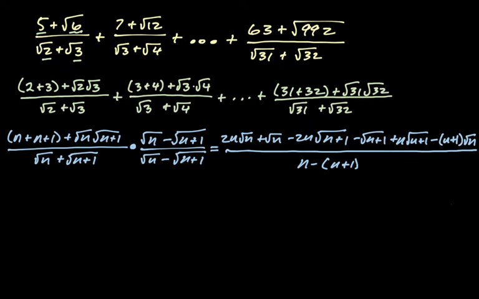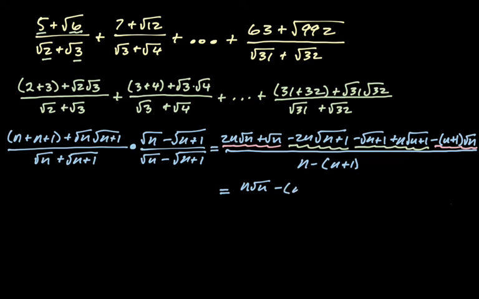I'm going to clean up this numerator, though. So here we've got things that have root n, right? So you have 2n plus 1, and then you have minus n minus 1, all times root n. That's going to clean up to just n root n. And then you have things that have root n plus 1. So when we clean those up, we end up with a -2n, a -1, and then a -n, a -1... and a plus n.